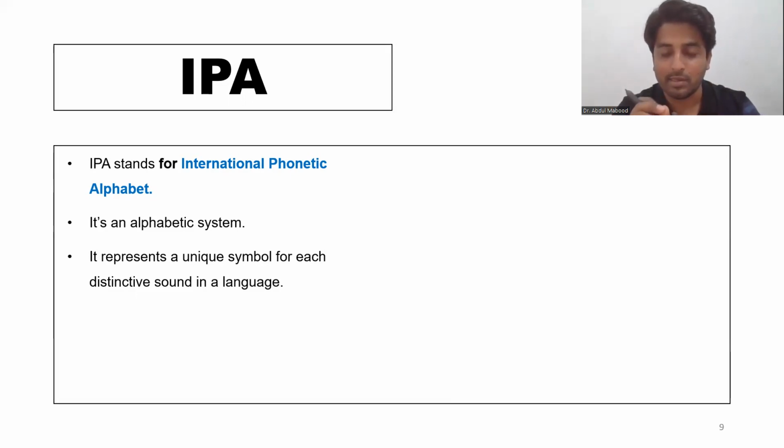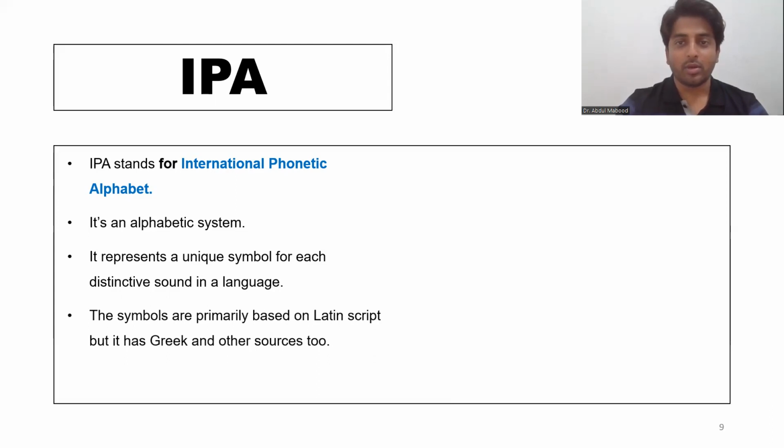The aim of IPA is to represent the sound of a spoken language. Okay, it might give you some confusion, but wait, everything will be very clear. Just be with me.